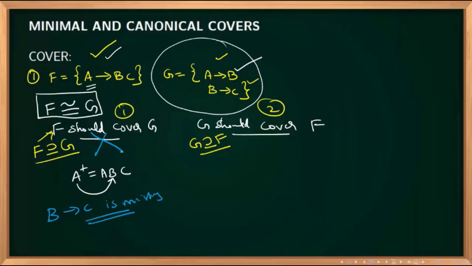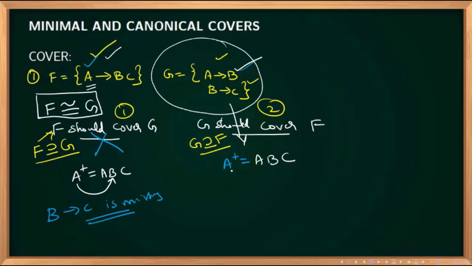Now can somebody say G covers F? Is it correct? Now in our hand G is there, and with the help of G functional dependency, all the F functional dependency should be covered. F is having A, so we will start with A. A closure equal to A, B, C. What is the meaning of that?